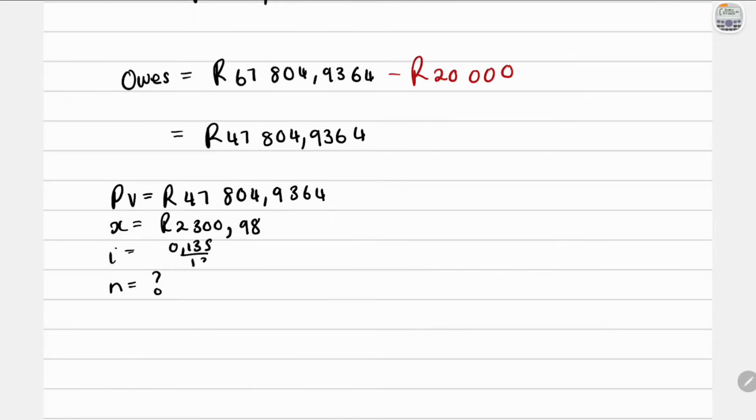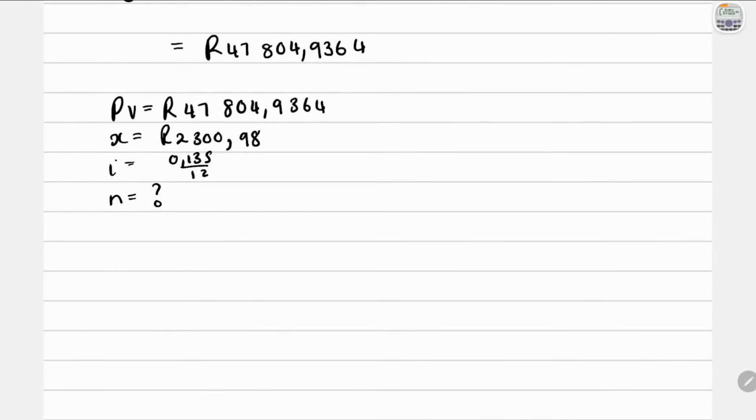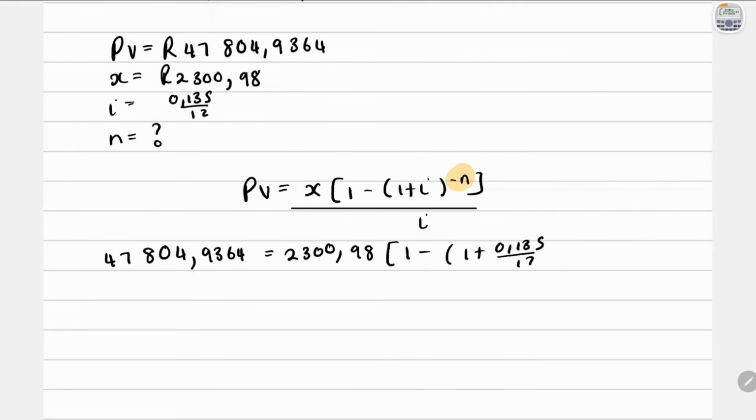So let's go ahead and put this in the present value formula and find N. That is 47,804.9364 because I don't want it to round off too much, and 2,300.98, and then 1 minus 1 plus that i, still the same thing, over 12 raised to the power of negative n.